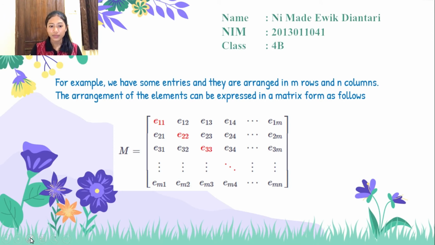In the rectangular matrix M, the elements E11, E22, E33, E44, and so on can be connected diagonally by a straight path. Hence, the diagonal path is called the main diagonal of the rectangular matrix M.